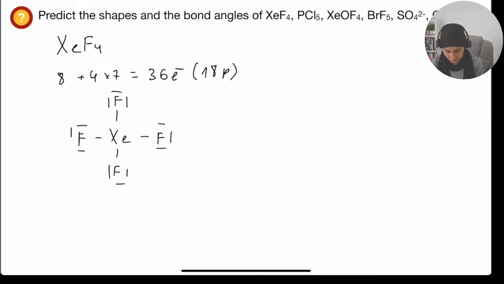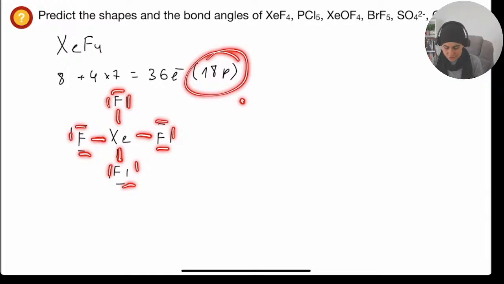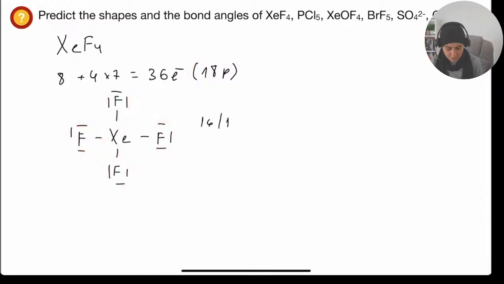I have used up 1, 2, 3, 4, 5, 6, 7, 8, 9, 10, 11, 12, 13, 14, 15, 16. 16 out of 18 are used up, which means that there are 2 lone pairs on xenon. And it's fine, it doesn't need double bonds, it's already more than an octet, right? All good.